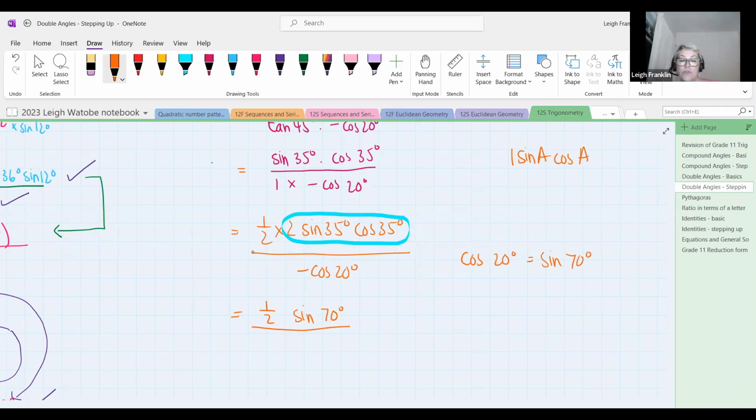Because remember, cos and sine are co-functions. Cos theta and sine theta are co-functions. So if the angles add up to 90, we know that they are equal to one another. So for example, if you have the cos of 2 degrees, you know that that's equal to the sine of 88. Okay, they are co-functions.